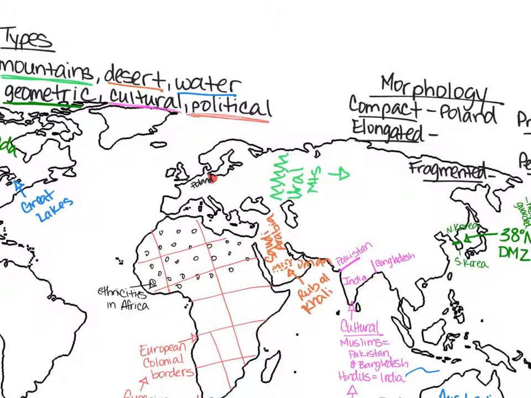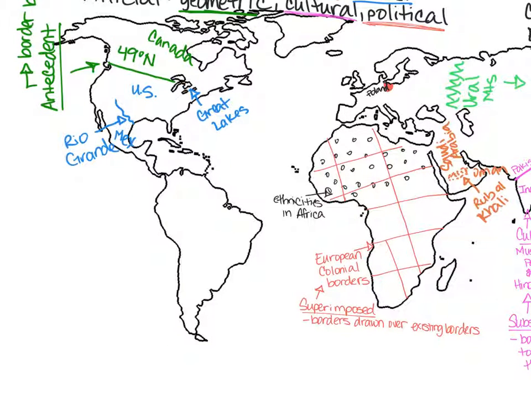Okay, elongated. Let's shade in Italy for elongated. No, I'm sorry. I'm going to use that for something else. Let's shade in Chile. Okay, so it's just real skinny right here.